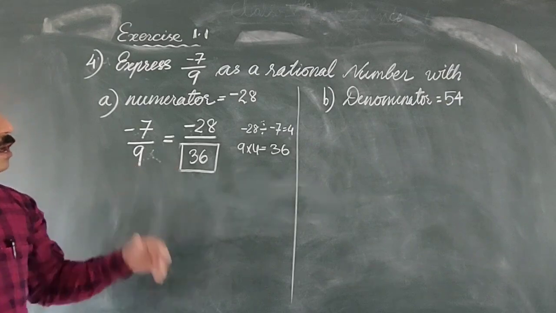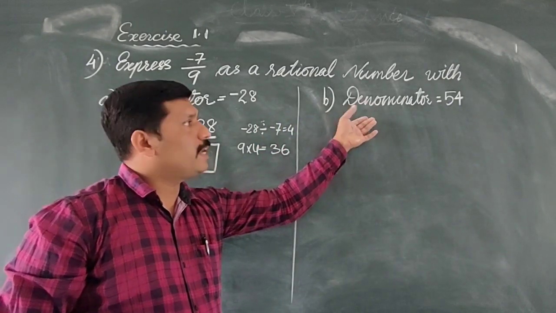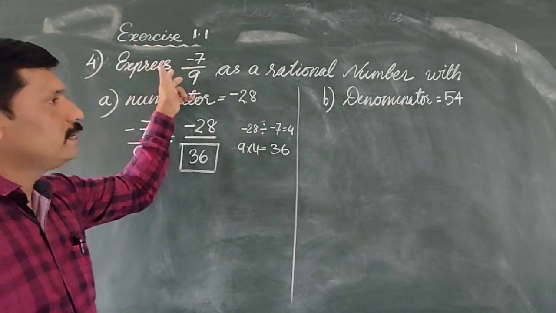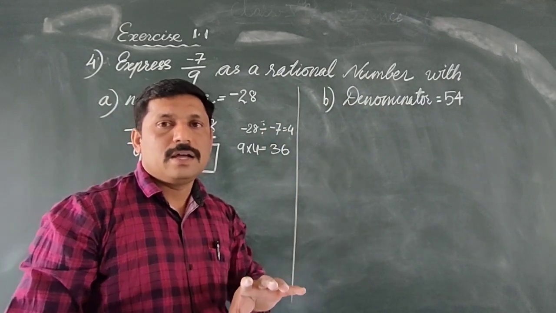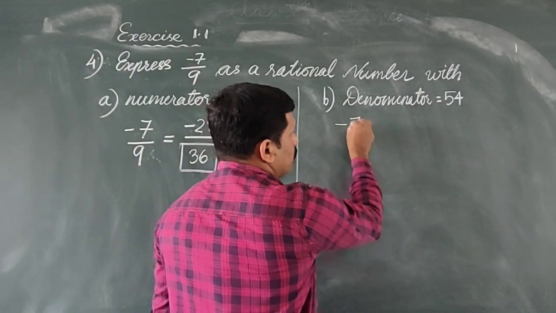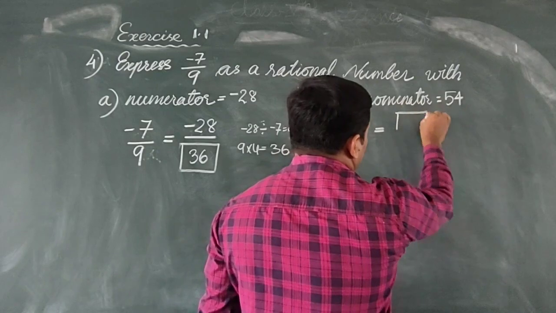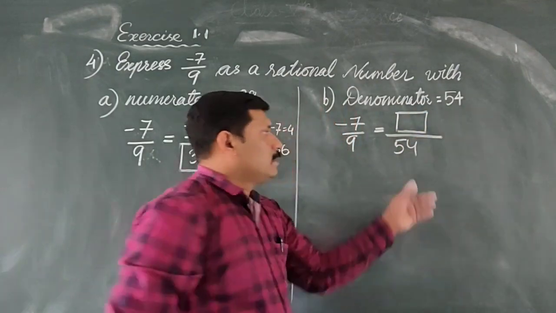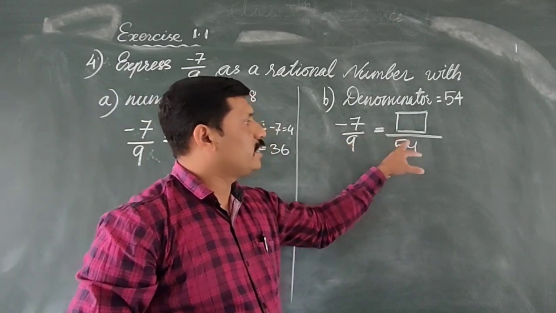Okay, let us move to part B. The denominator should be 54. Here the denominator of negative 7 upon 9 has to be converted to 54. Then what will be the new rational number? First we write negative 7 upon 9, where the numerator we don't know, but the denominator is 54. Here also we see which number is multiplied with 9 to get 54.